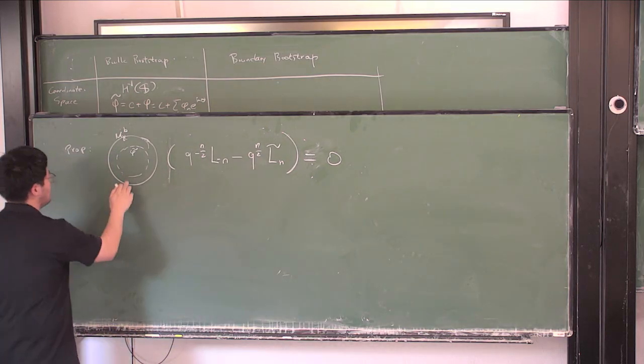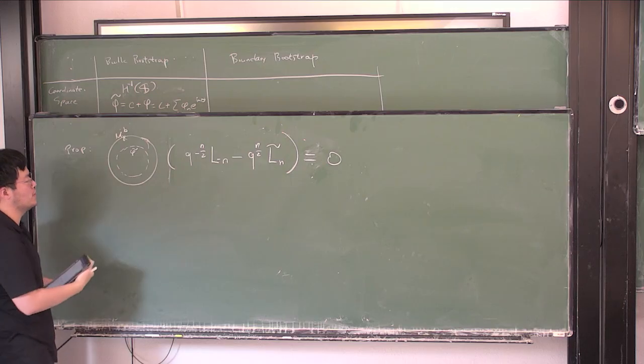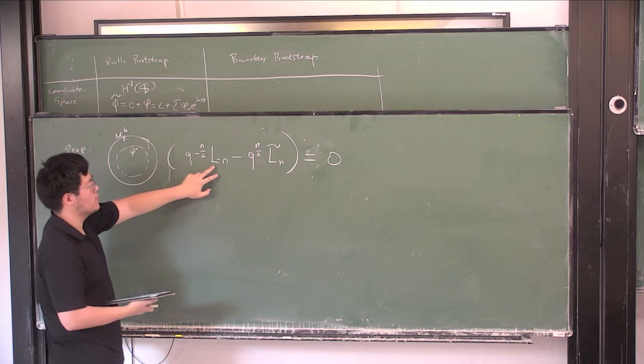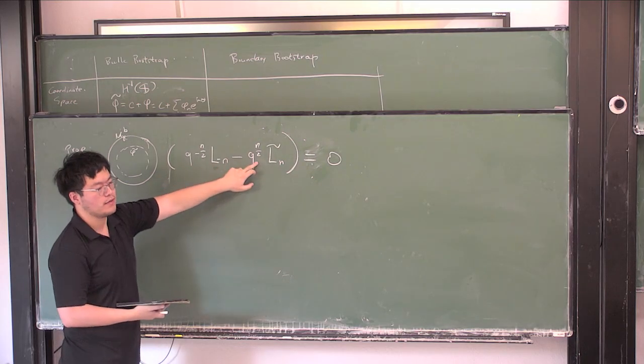I think in the physics literature, this is somehow called a conformal boundary state or Cardy boundary state. Like if you input some L minus n here, you get L n tilde.